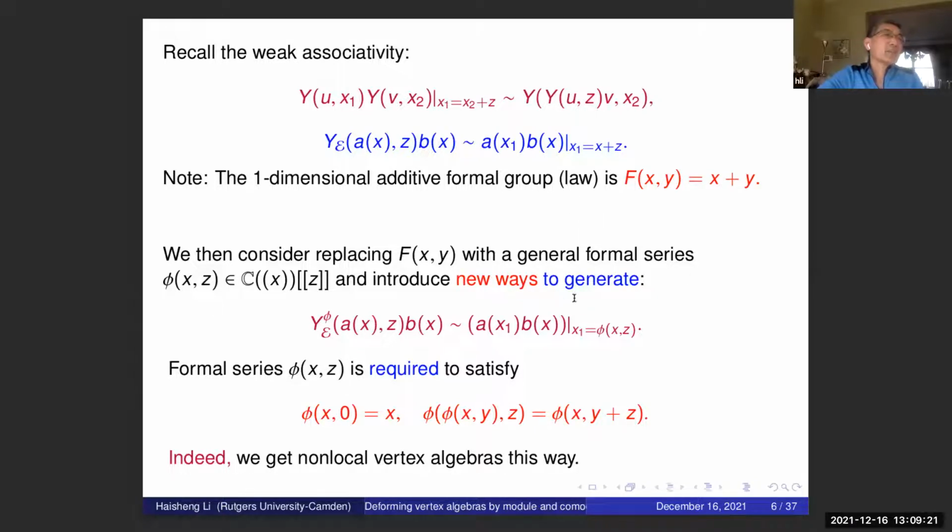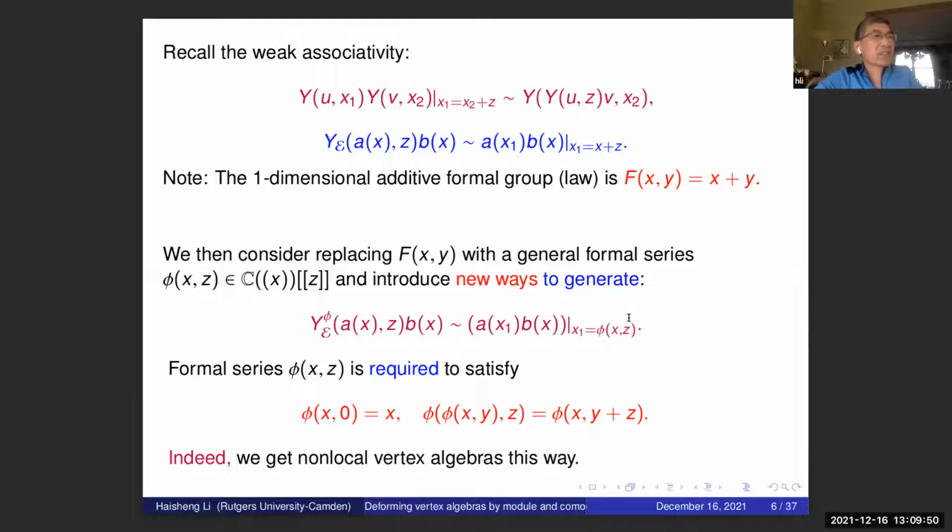Okay. The next one: maybe we can generate this part not using the formal group law. Like for a group, you can talk about the group, and we can also talk about the G-set, a group acting on a set. You have the action, right? It's not an algebra, but you use the G-set and you get a model.